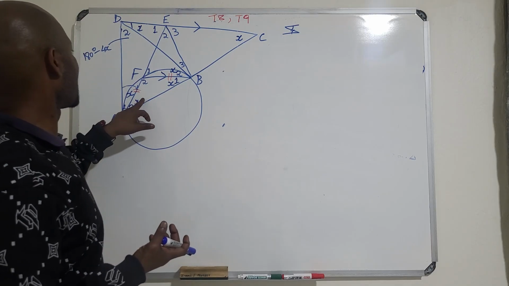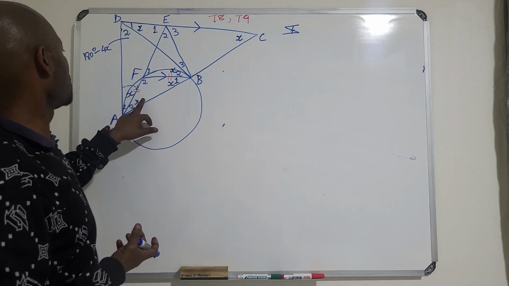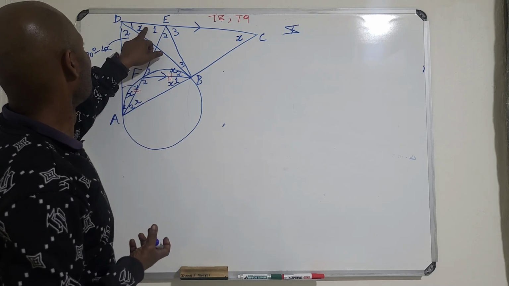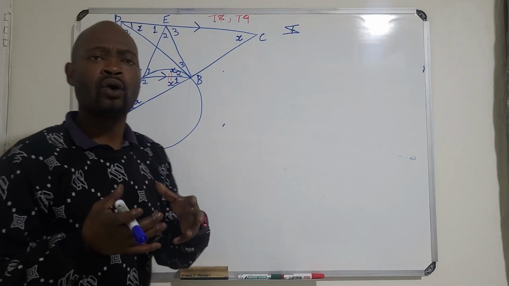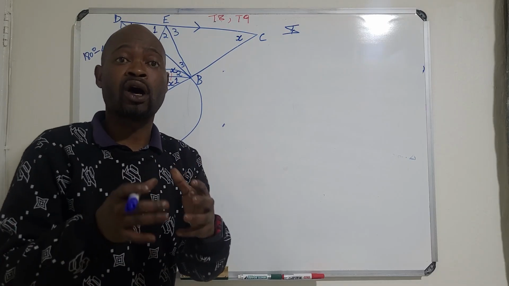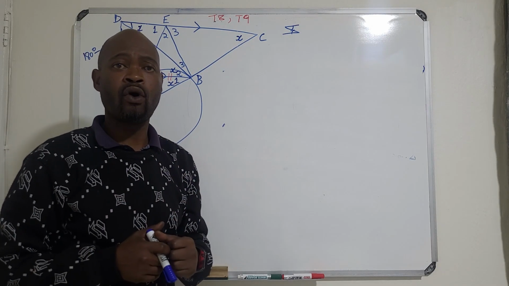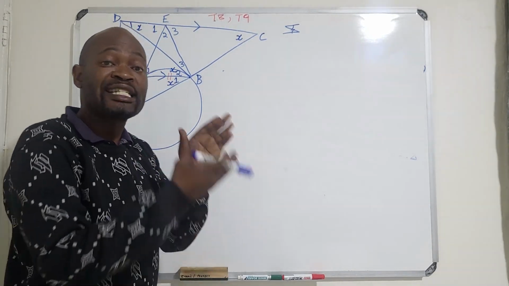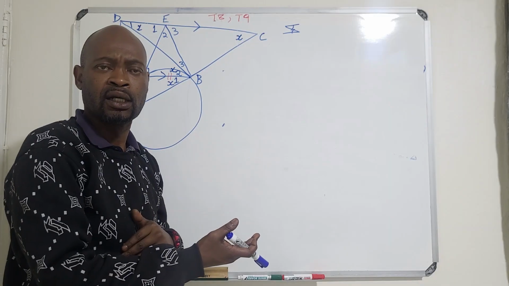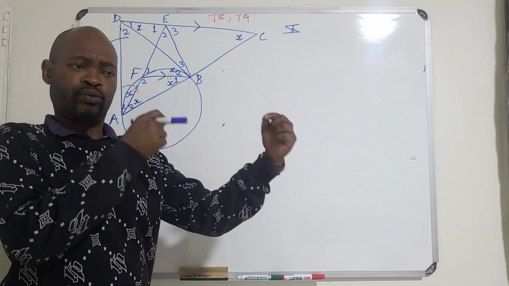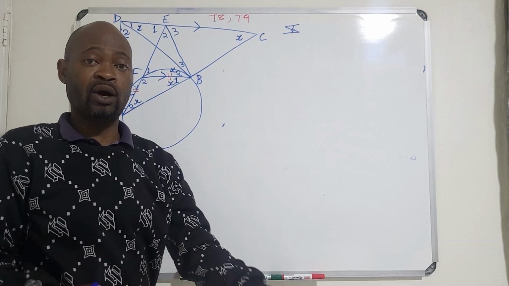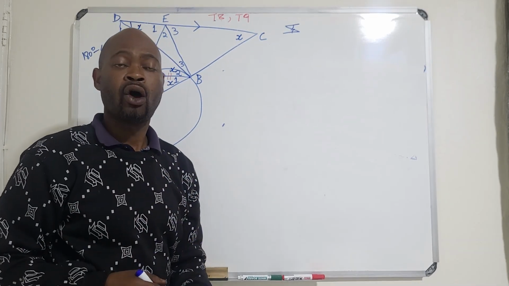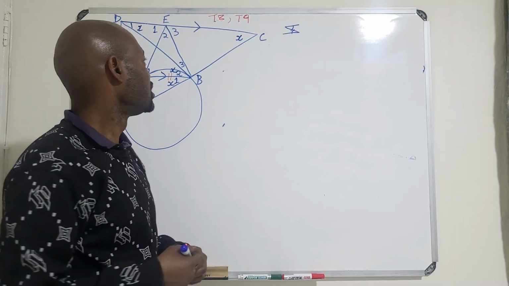Since this angle A2 is x, which is equal to this angle D1, we know that the converse of theorem number 4 applies: if we've got equal angles on the same side of a line, then those points together with the points on the line are concyclic or cocyclic.